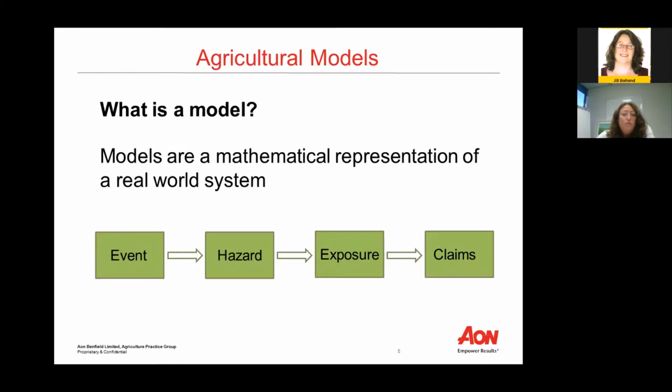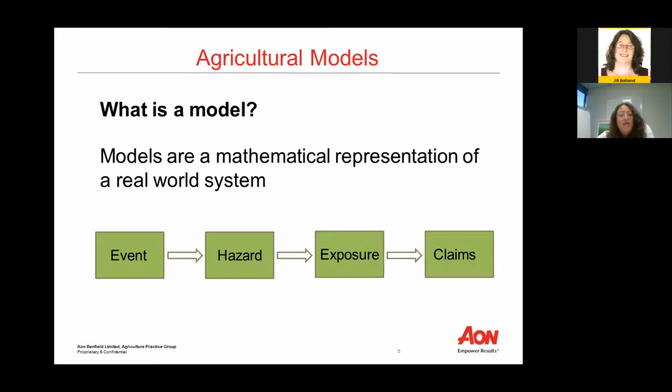So all hazard models, or modelling of losses, or modelling of events that would cause damage or losses to the world, start with identifying the event that can occur, then working out how that event will affect your exposure.